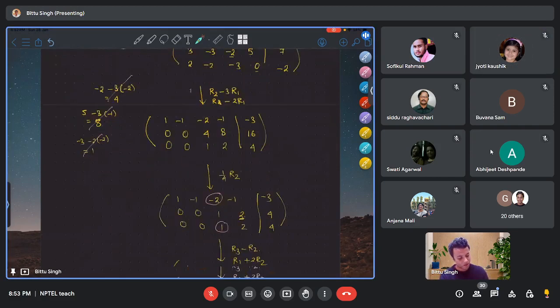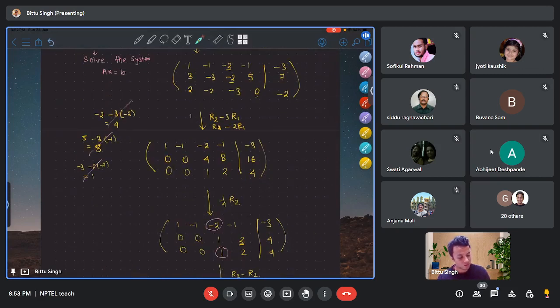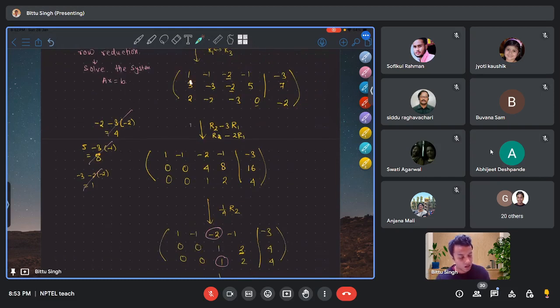After that, again we have performed successive row operations. For example, adding multiples of some row, that is, a multiple of the first row added to the second row, or a multiple of the first row added to the third row, so that other entries in the column which contains a leading term will be 0.